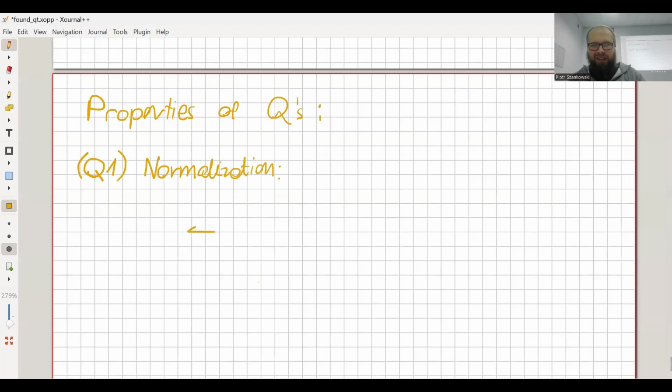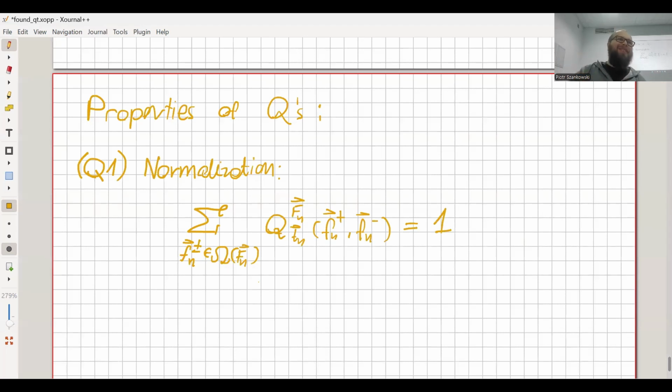It reads that you take a sum over both sequences of your Q, and when you sum everything, it's identity. So this is a straightforward generalization of normalization of a probability distribution.